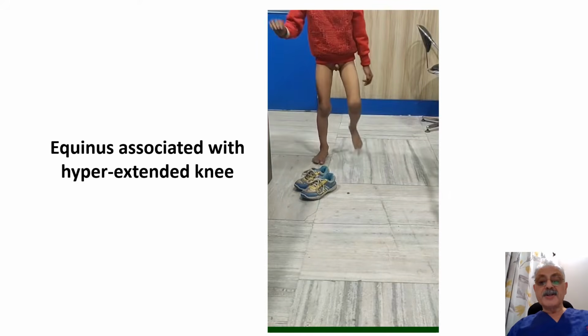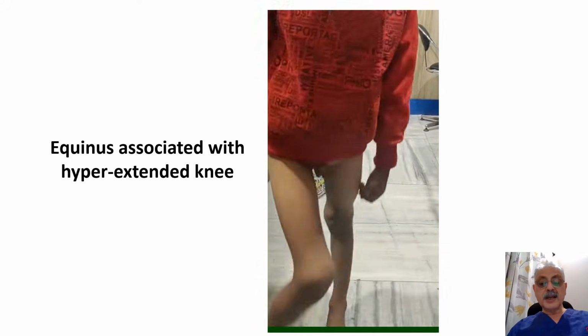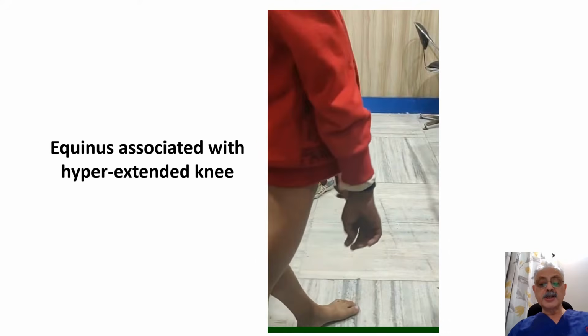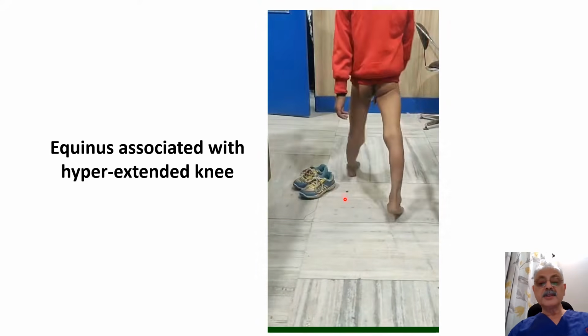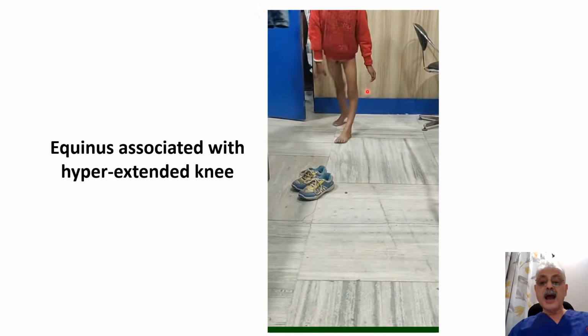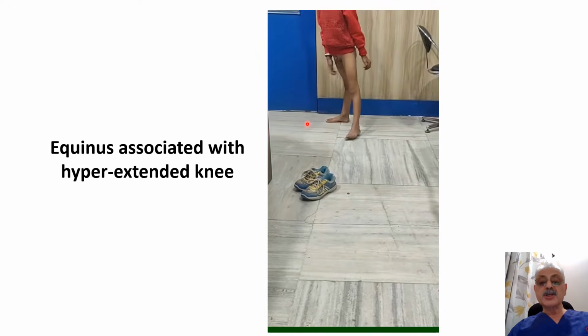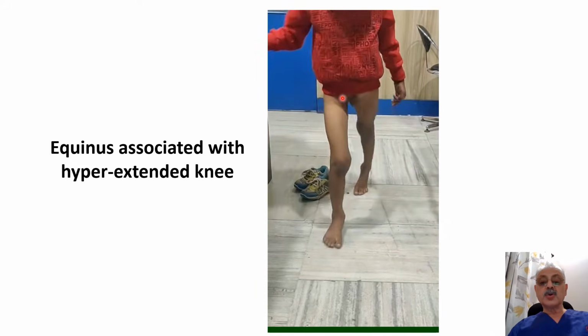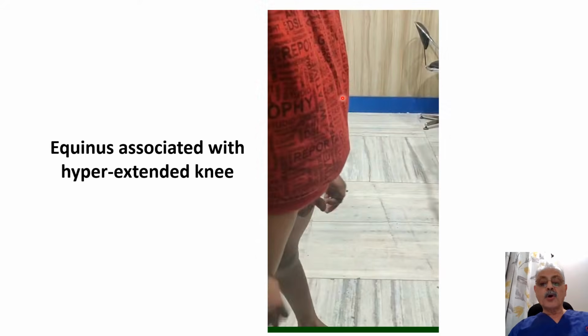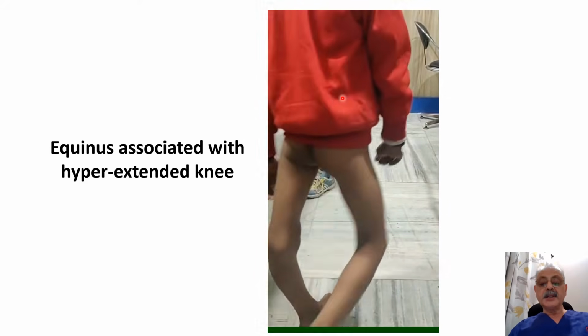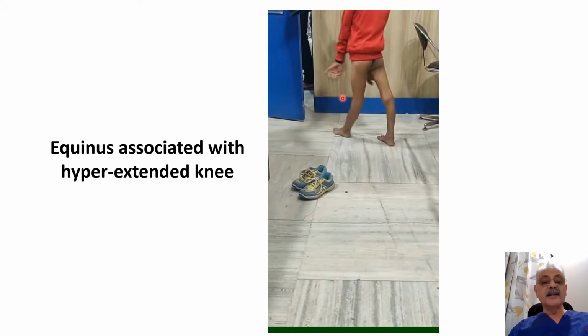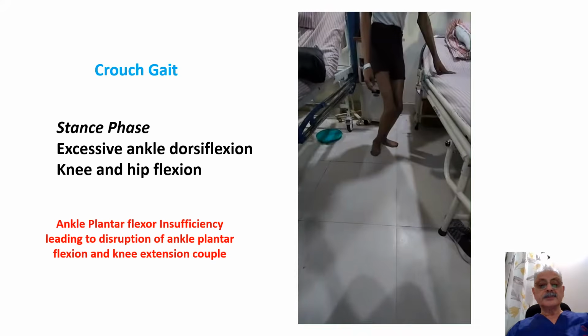While in the previous gait we saw that the knee was in flexion, here you see the knee has gone into hyperextension when the patient is walking. So we need to appreciate what is happening to the hip, knee, as well as the ankle at the same time.